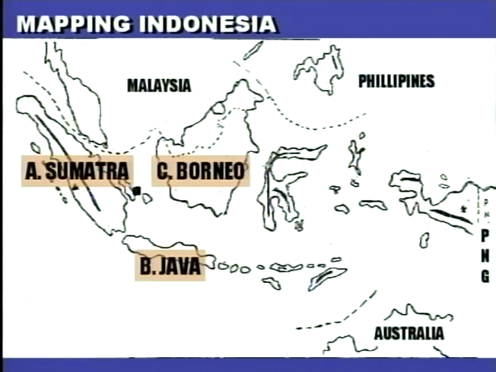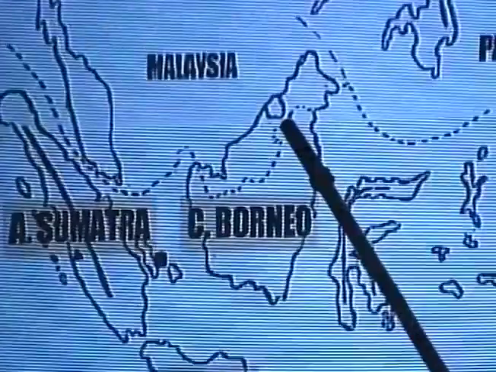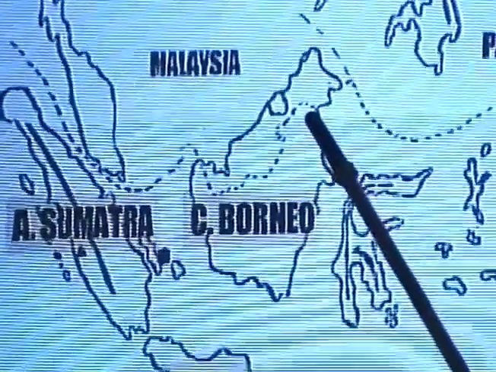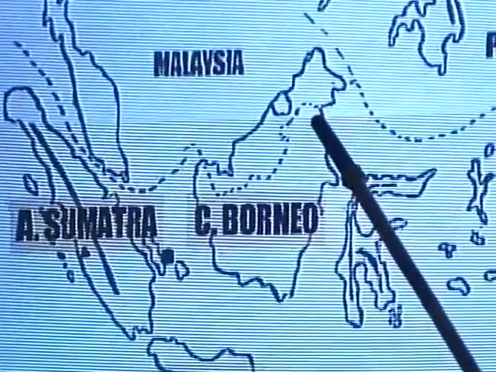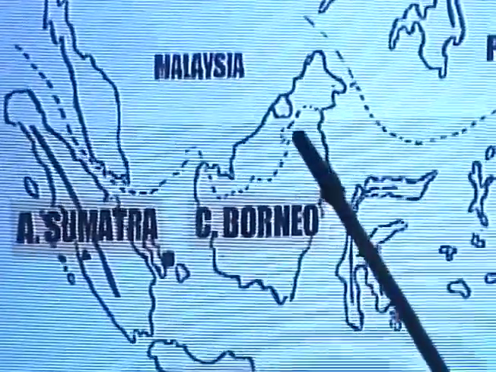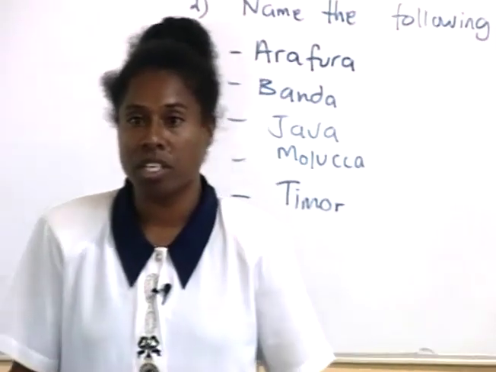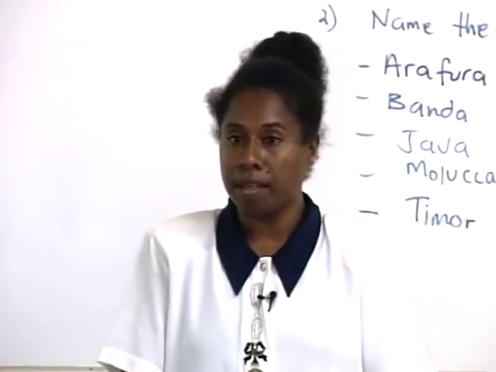If you look again, this whole island here includes a bit of Malaysia, and it also includes this country here called Brunei Darussalam. That whole island is referred to as Borneo. But if you are asked to only name the part which is Indonesia, then it will be Kalimantan. We were asked to name the island, so we are going to name that island as Borneo. So make the correction to Island C.